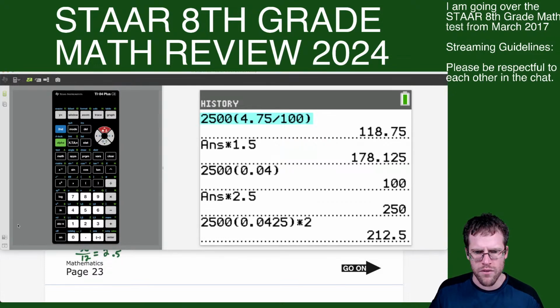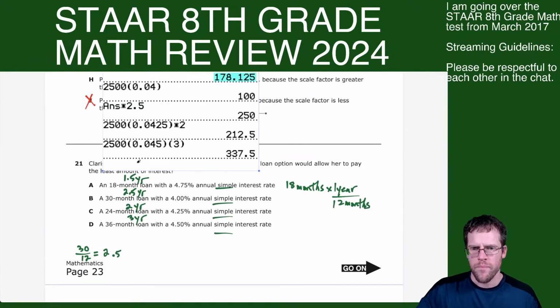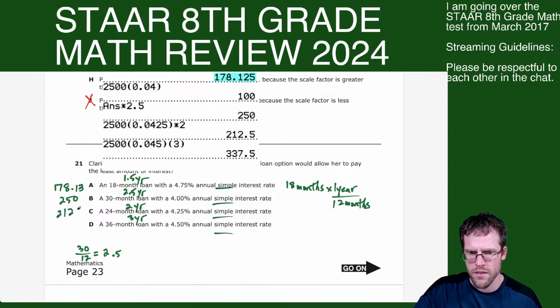So these values here are definitely accurate. So for A, that would be this much money, and I'll round to the nearest cent. And then it was the $100, but for 2.5 years was $250. And then this one would be $212.50. And this one would be $337.50.